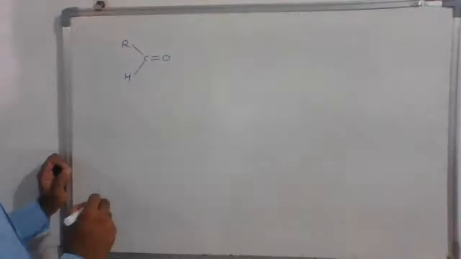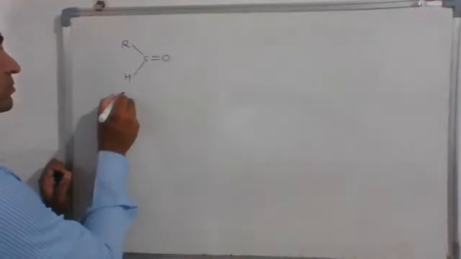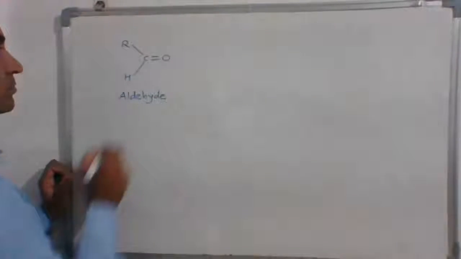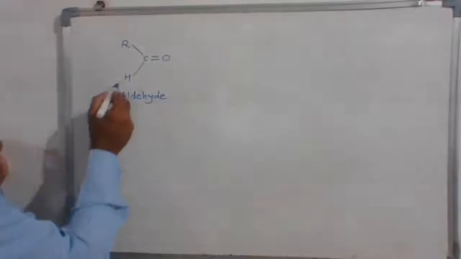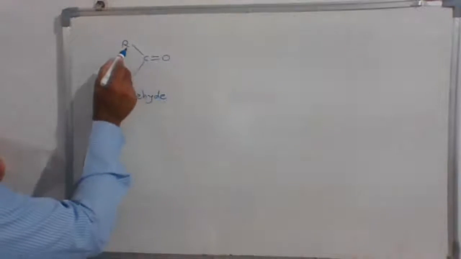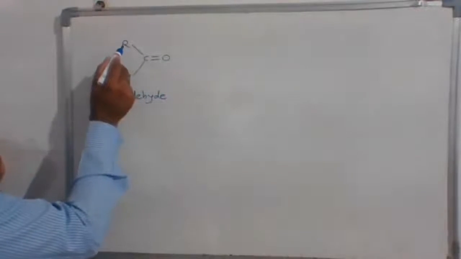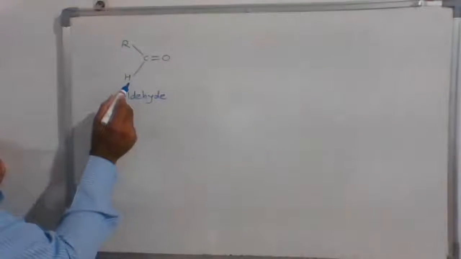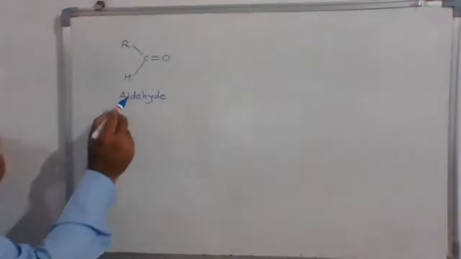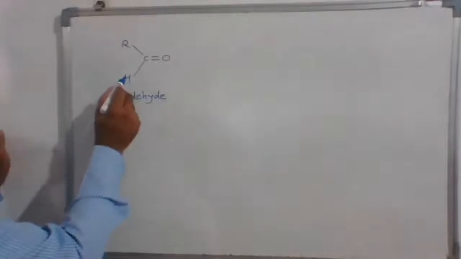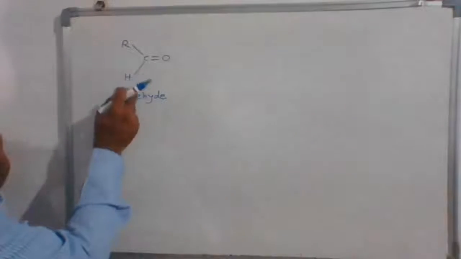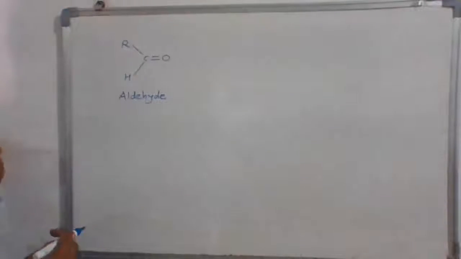This is an aldehyde. In an aldehyde, the carbonyl carbon contains an alkyl group and one hydrogen. Hydrogen is fixed in aldehydes. If it is an aldehyde, then there will always be a hydrogen atom on this carbonyl carbon.